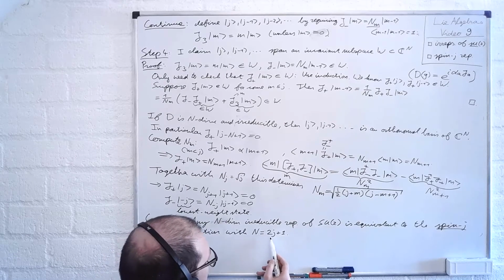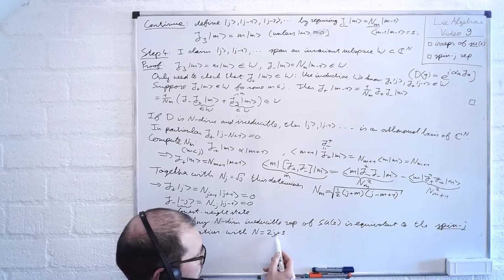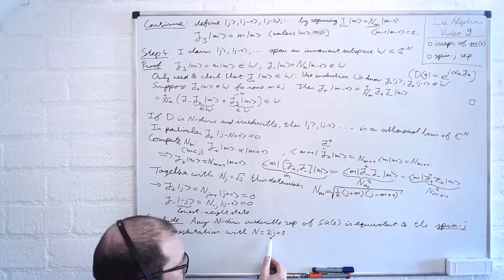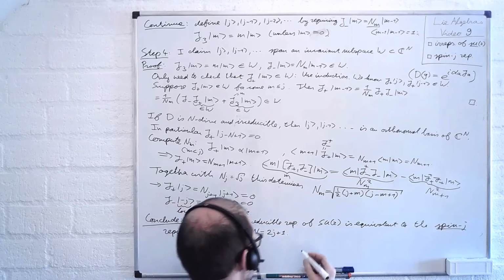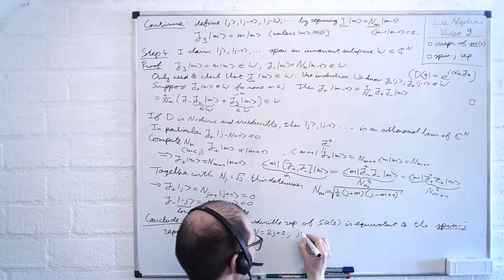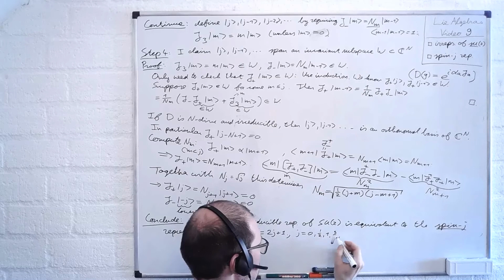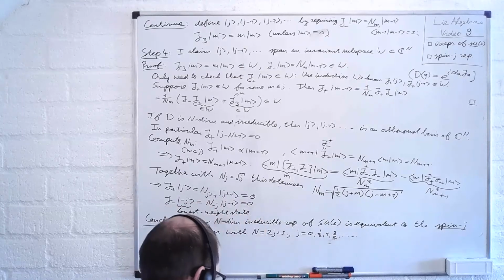Right, so n certainly has to be an integer, so in principle J could have been any real number up to now, but from this we deduce that J has to be a half integer. So J can be 0, 1/2, 1, 3/2, etc. Okay?